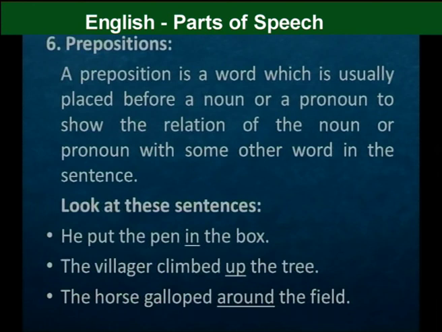They are prepositions. What are these prepositions? What's a preposition? A preposition is a word which is usually placed before a noun or a pronoun to show the relation of the noun or a pronoun with some other word in the sentence. So, what does a preposition do?